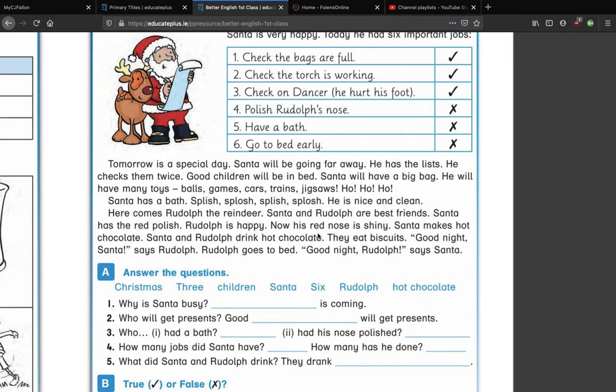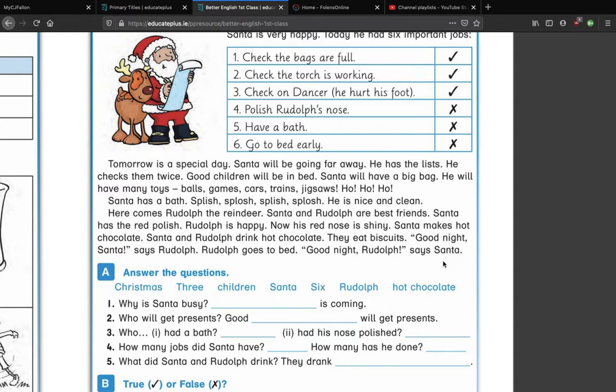Now his red nose is shiny. Santa makes hot chocolate. Santa and Rudolph drink hot chocolate. They eat biscuits. Good night, Santa, says Rudolph. Rudolph goes to bed. Good night, Rudolph, says Santa.